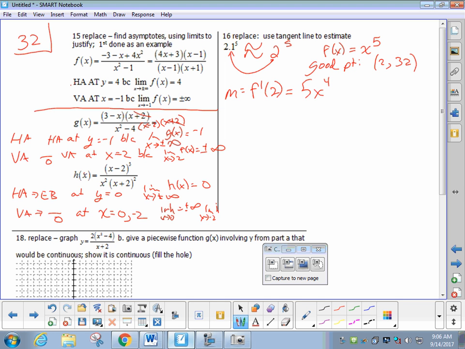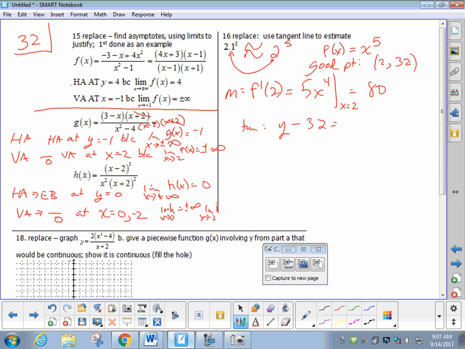So say it in 2 steps. The derivative at x is 5x to the 4th, and now the derivative at 2 is this, all right? Don't mix them together unless you make clear that you're doing it this way. So that's 80, yeah? All right, so what's the tangent line?